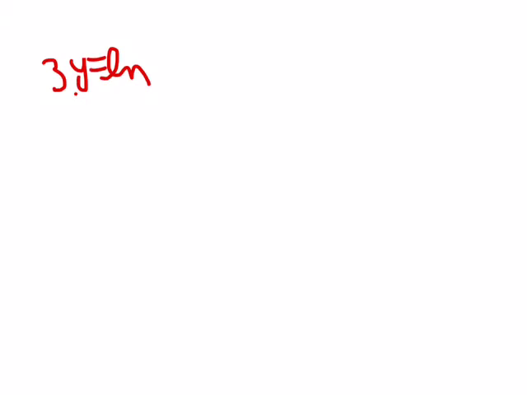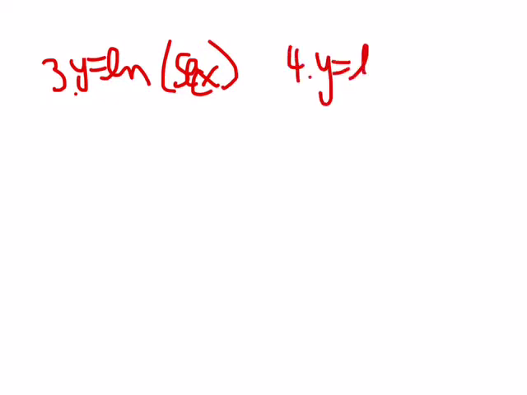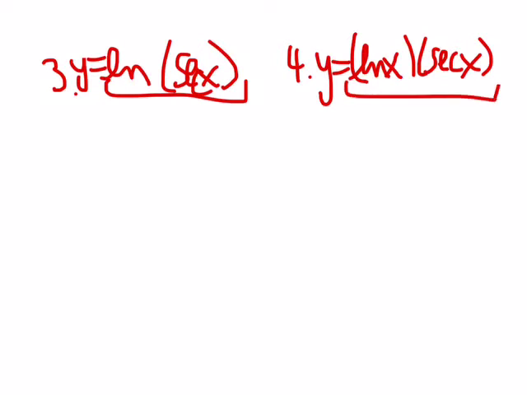All right, big difference between 3 and 4. Yeah, I'll put them side by side here. 3 is one term, just chain rule. 4 is product rule. So chain rule, this one's product.